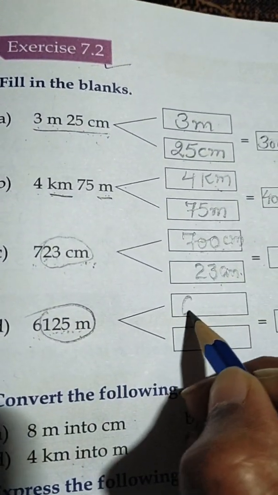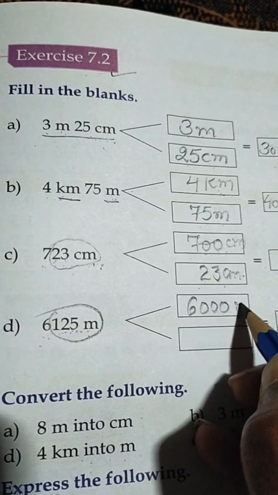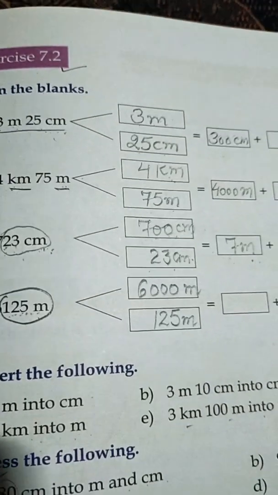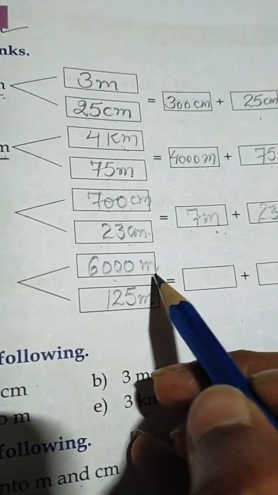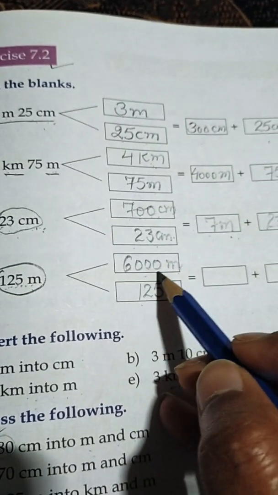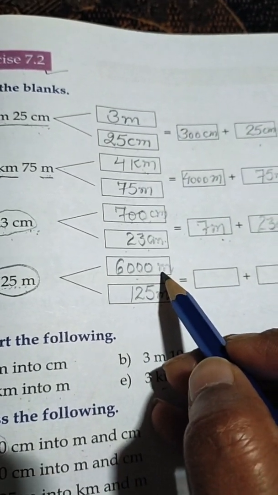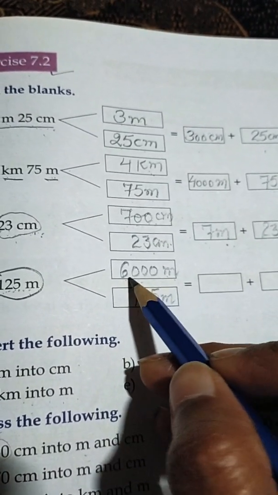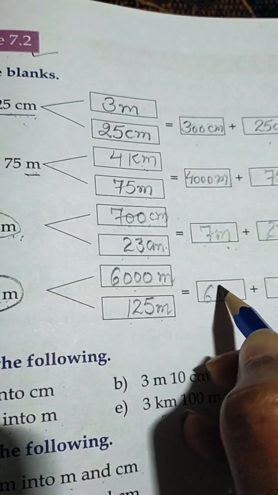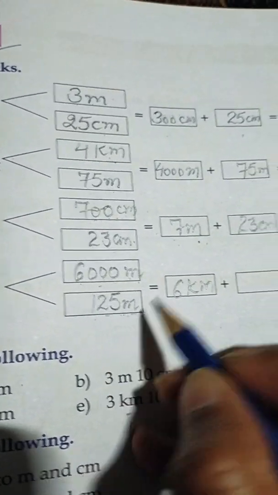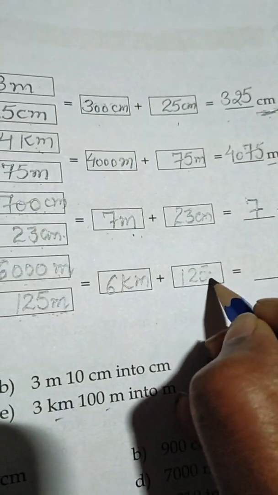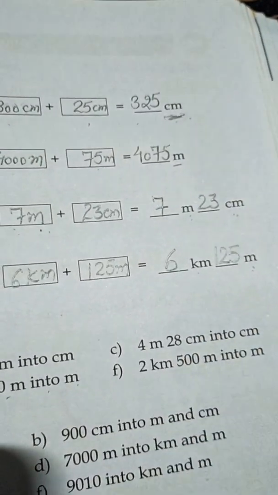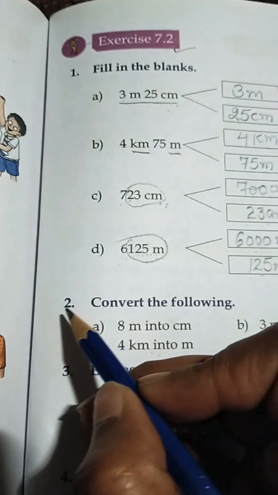So here we will write 6000 meter and 125 meter. 6000 meter means 6 kilometer, because 1000 meter means 1 kilometer, 2000 meter means 2 kilometer. In this way 6000 meter means 6 kilometer and 125 meter. Here we will write 6 kilometer 125 meter.